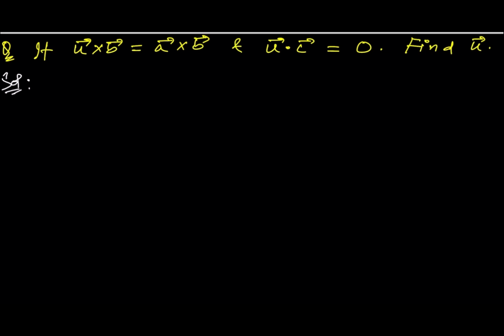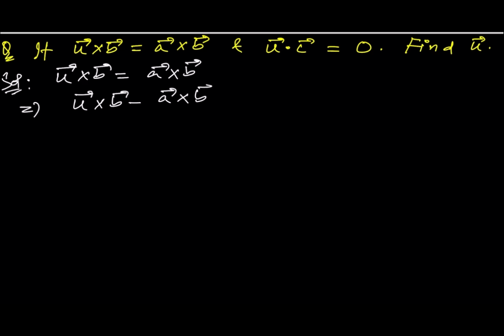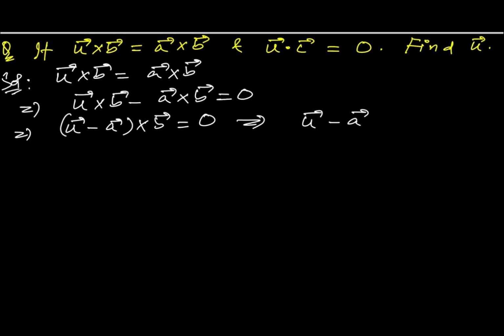Okay, write what is given. u cross b is equal to a cross b, or u cross b minus a cross b is equal to 0, or (u minus a) cross b is equal to 0, implies u vector minus a vector is parallel to b vector, because cross product is 0 and u minus a and b vector are not 0.